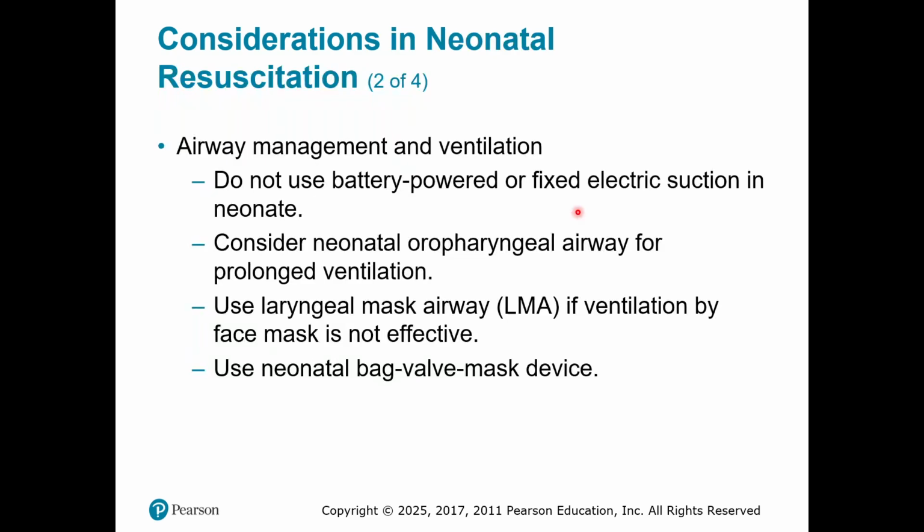Do not use battery-powered or fixed electric suctions in neonates. Consider a nasopharyngeal airway for prolonged ventilation. Use the laryngeal mask or LMA if ventilation by face mask is not effective. And use neonatal BVMs only.